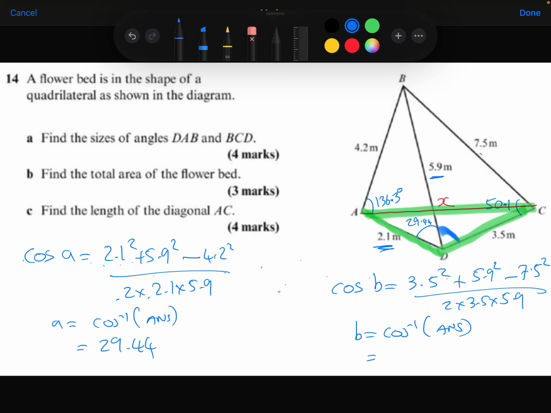And then again, if I type all of that into my calculator, I will find 102.856.